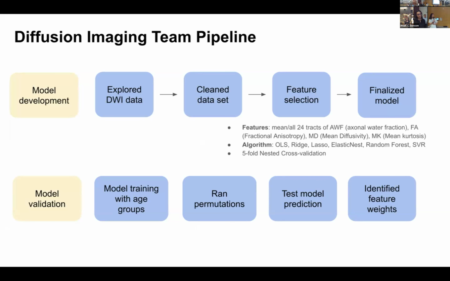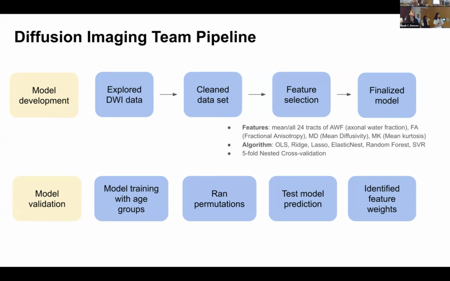Because our model wasn't working well, we did a lot of validation. So we trained the model with the age to predict age. And we ran permutation tests to see if this is significant from the null.